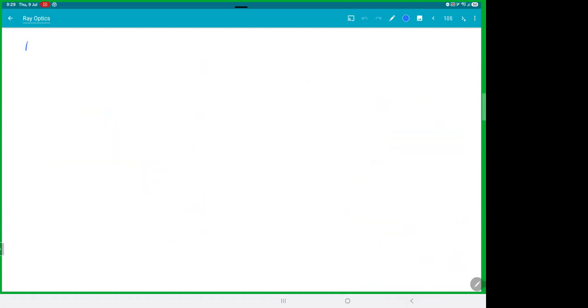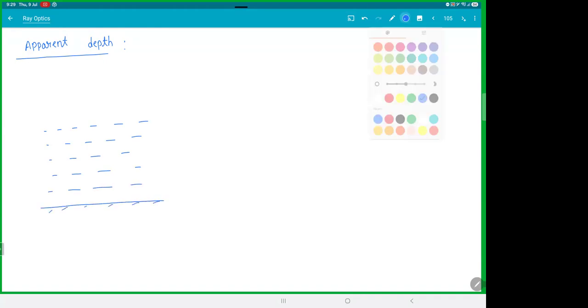The next thing, apparent depth. So what is this apparent depth? Let's say we have some liquid here and we have an object at the bottom.